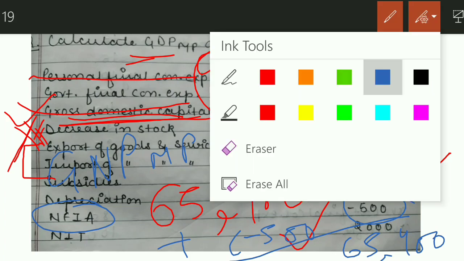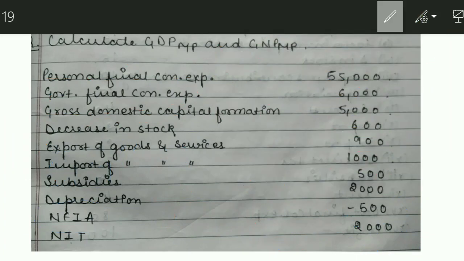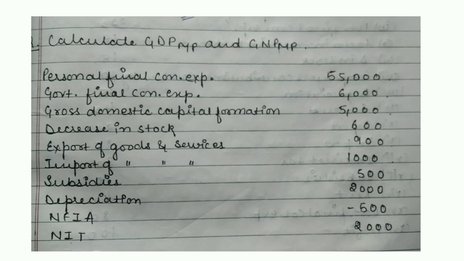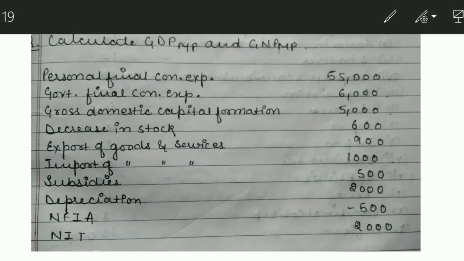All right, how we reached first of all GDP at market price, and then from GDP at market price how we reached GNP at market price. So I am repeating it once more. GDP at market price was the sum of private final consumption expenditure, government final consumption expenditure, gross domestic capital formation, and change in stock, and the sum of net exports.